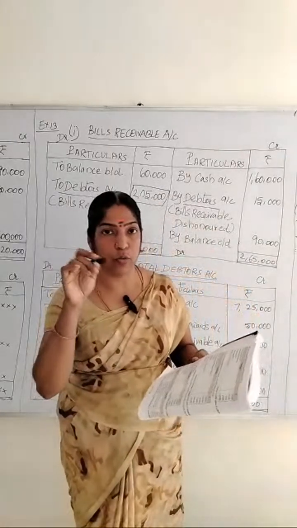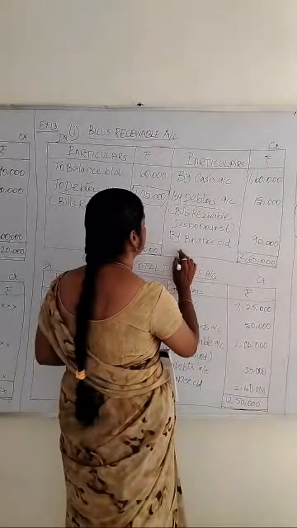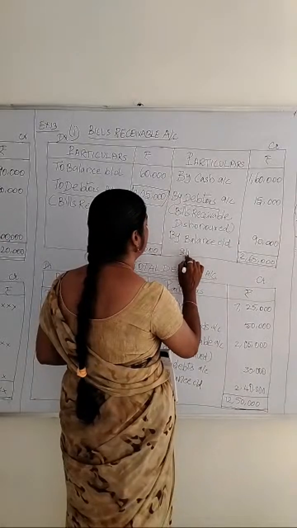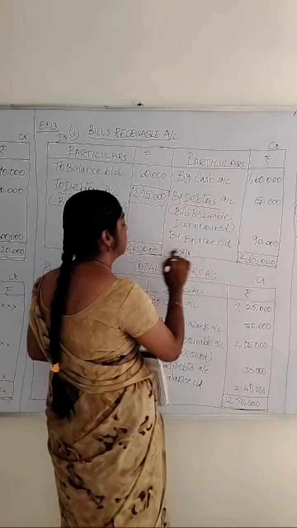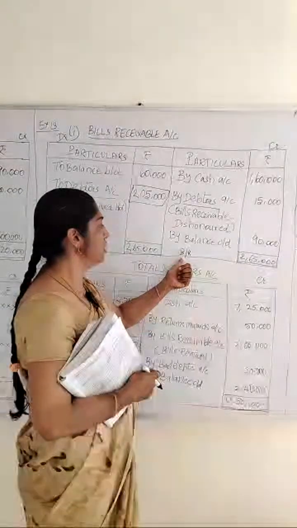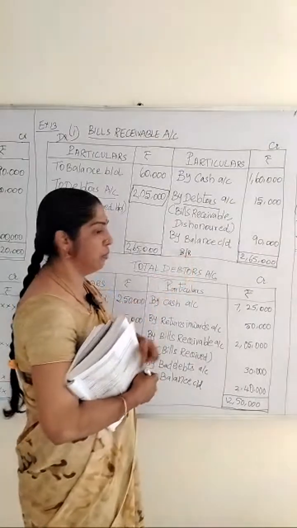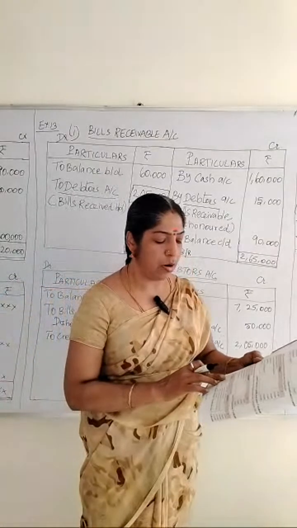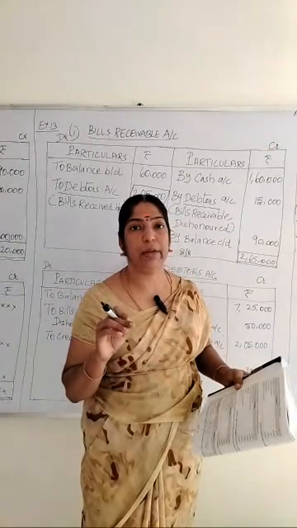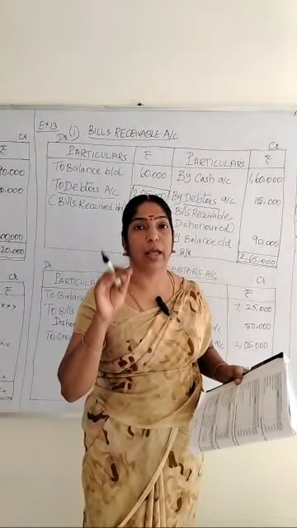So bills receivable on 1st April 2018 means this is the opening balance of the bills receivable account. So you are going to write B bar, which denotes bills receivable.